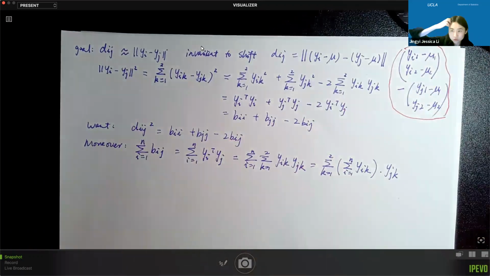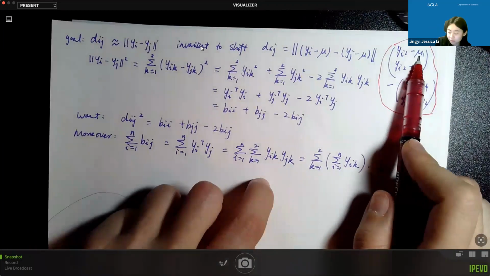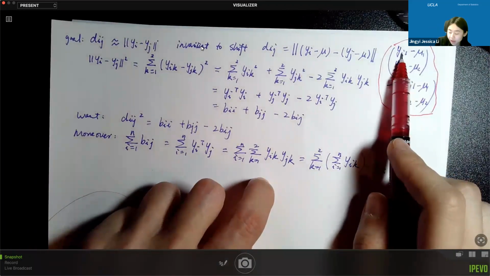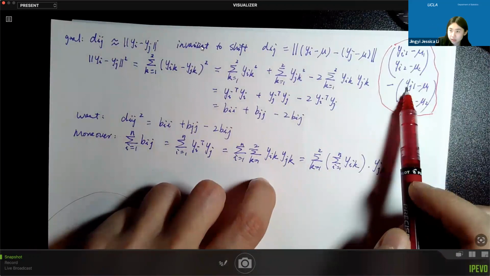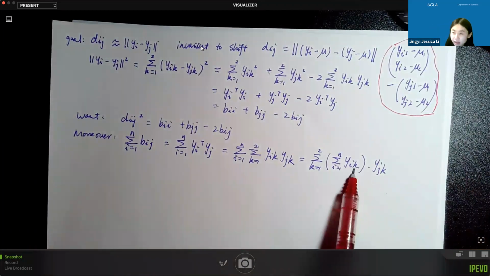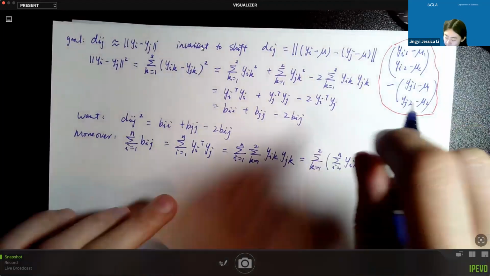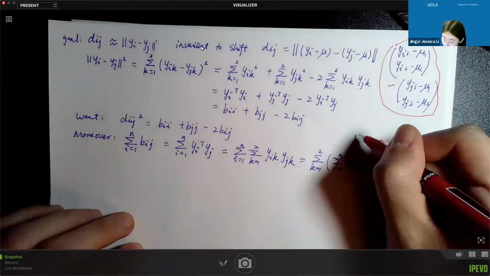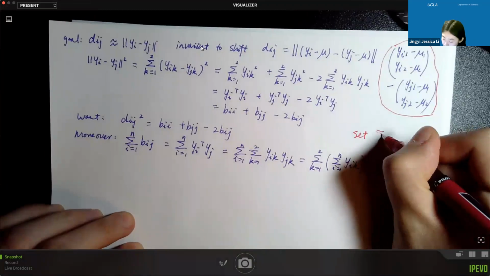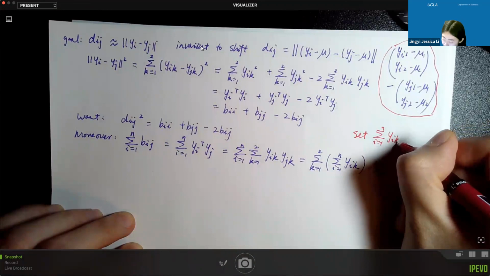Even if I do that, as long as the shift is the same in every dimension for both Y_i and Y_j, the two data points, I don't change their distance. So in each dimension, I could shift all the n data points to have mean 0. Therefore, I could set the summation over i from 1 to n of Y_ik to be 0.